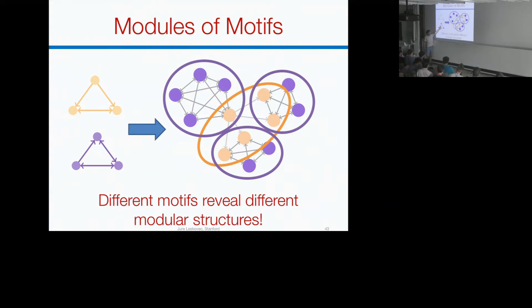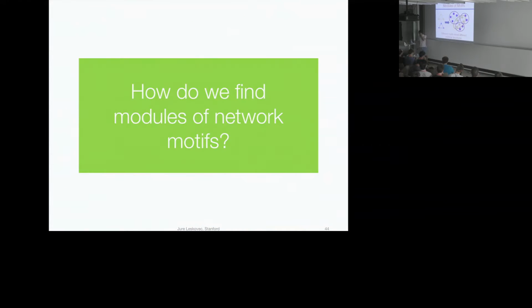If this is the structure you are interested in, but if you are interested in that particular structure, then I should discover the orange cluster for you. Okay? So that's essentially the idea, taking this idea of graph partitioning or module discovery, but not just discovering modules of individual edges; let's discover clusters where a particular substructure, a particular motif, is overexpressed, or the network is dense in that motif. Okay, that's the idea.